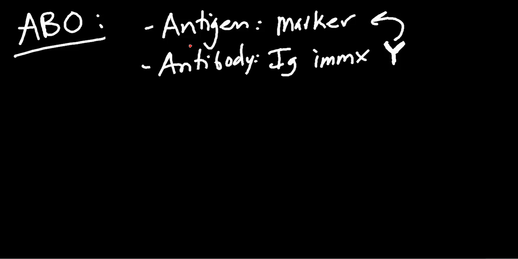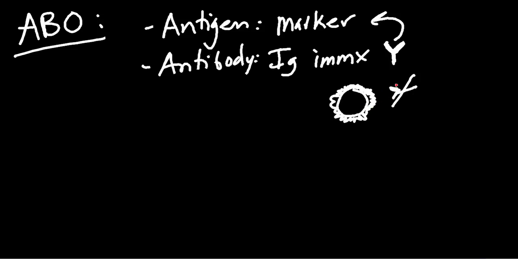Now, would it make sense for our body to produce antibodies against our own naturally occurring antigens? So let's say we have a cell here and it has squiggly antigen on the outside. Now, all of a sudden our immune system is making these antibodies against the squiggly antigen. It makes no sense. Why would we want to attack our own cells?